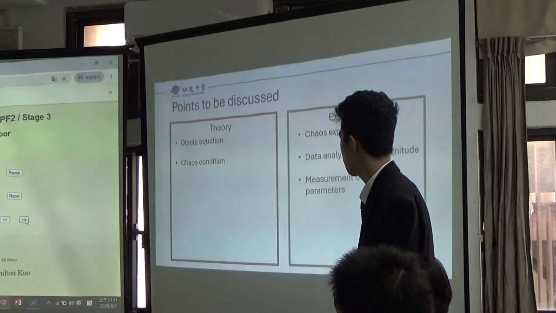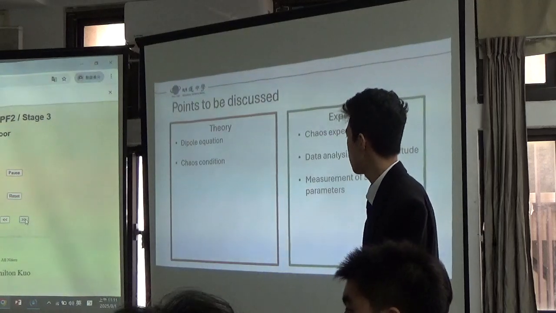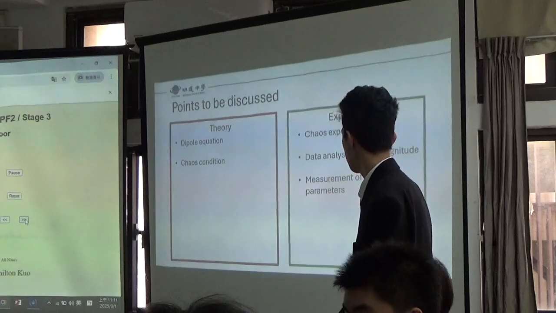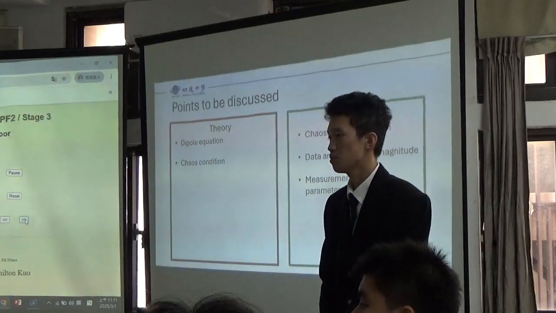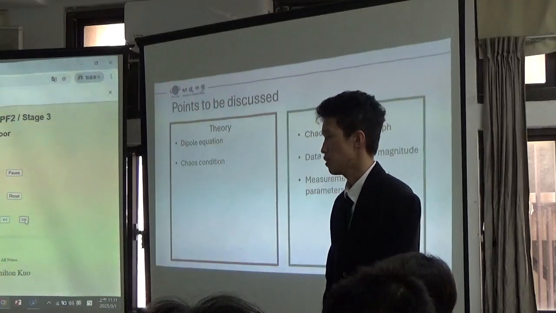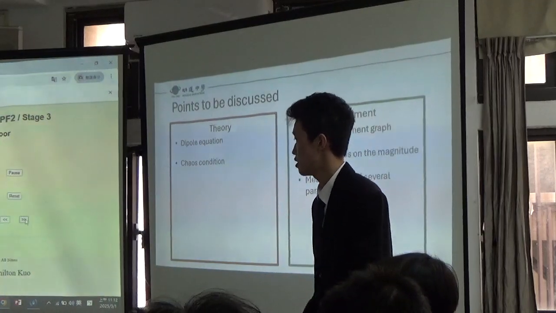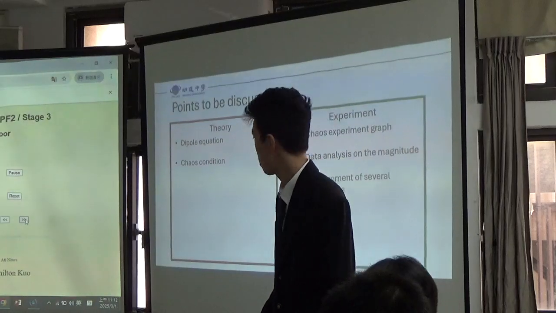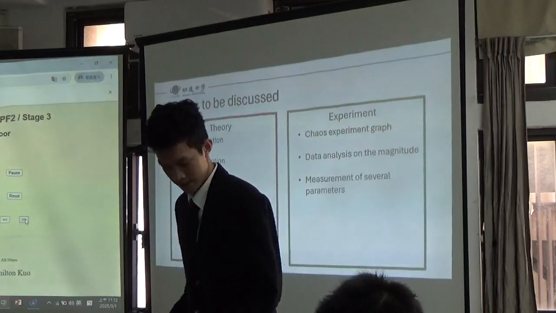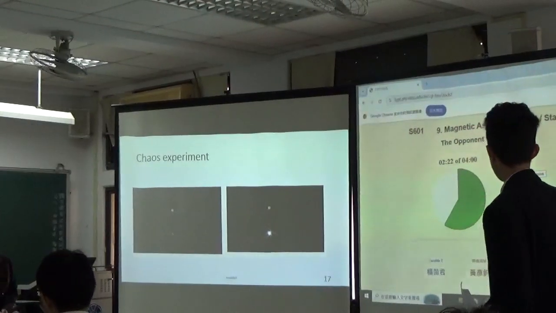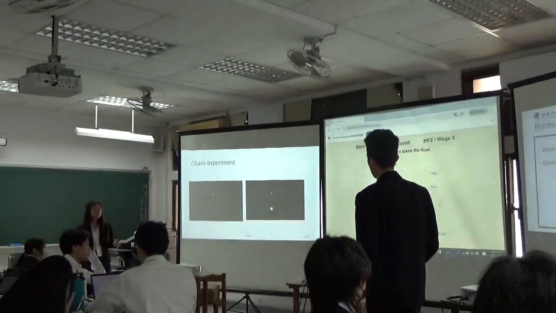In the experiment, I would like to ask about the graph they show in the chaos experiment, and also the measurement of several undefined parameters. I'll be inviting the reporter to discuss with me. Okay, first of all, can you turn to the page where you show the dipole equation?